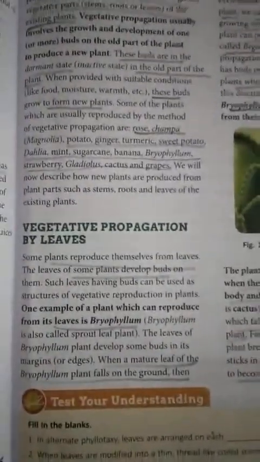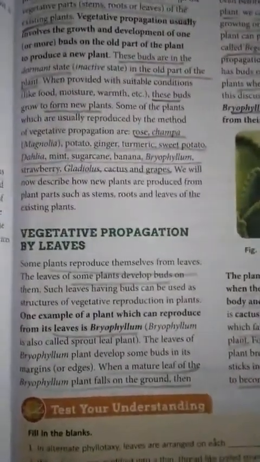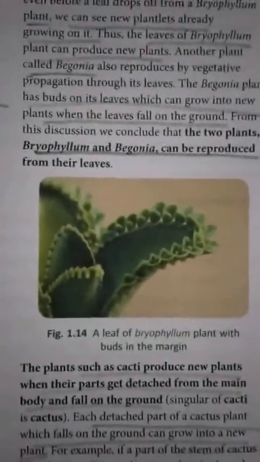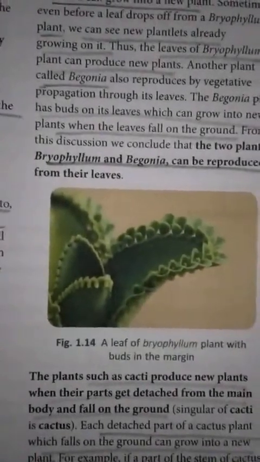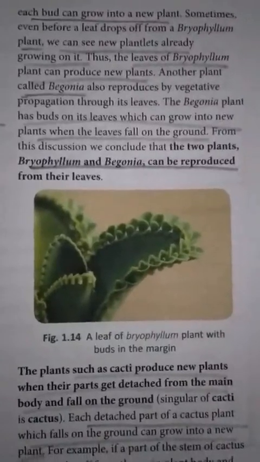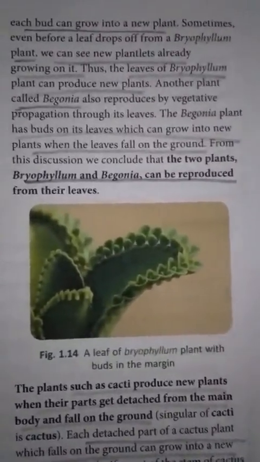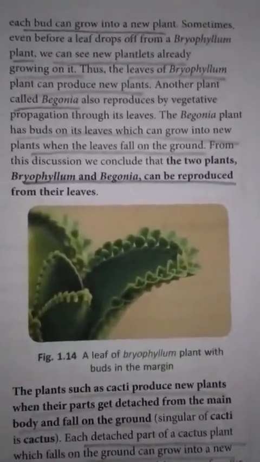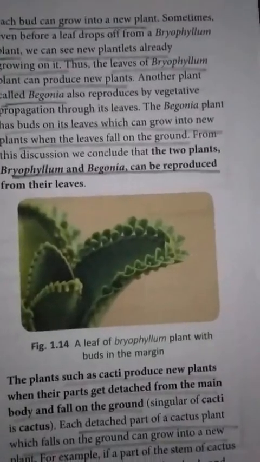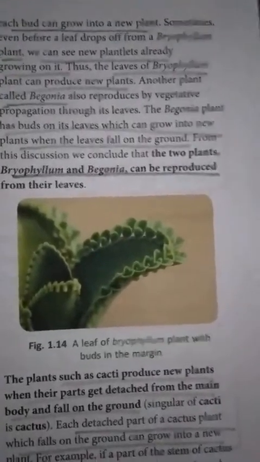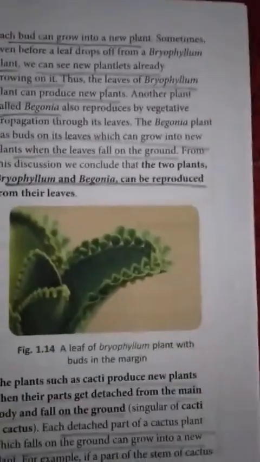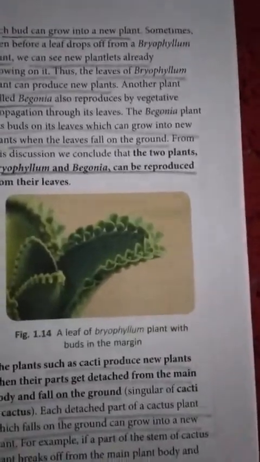Now vegetative propagation by leaves. As you know, there is a plant, here you can see a figure, on the edge of its leaf, it means on the leaf blade, small leaflets are arising. So in this kind of vegetative propagation by leaves, the leaf blade has different small leaflets, and as the leaf falls from the main plant and gets into the soil, these tiny leaflets develop into new whole plants, and in this way this plant can be propagated.